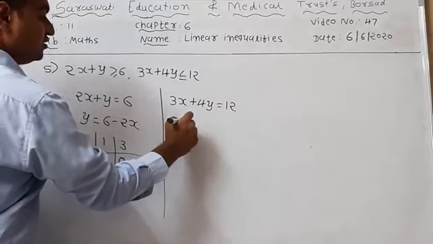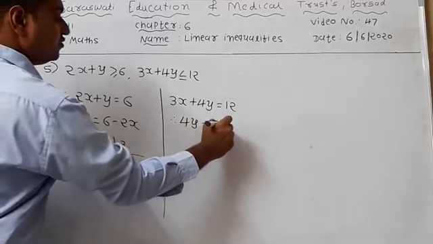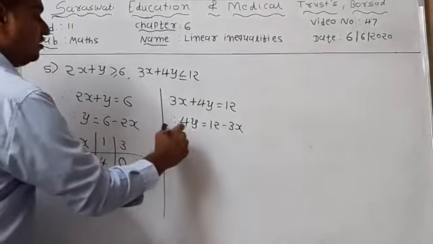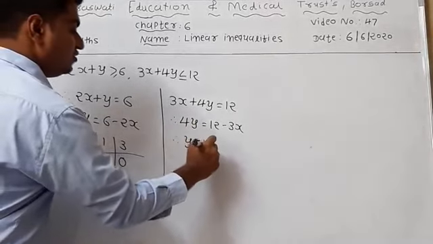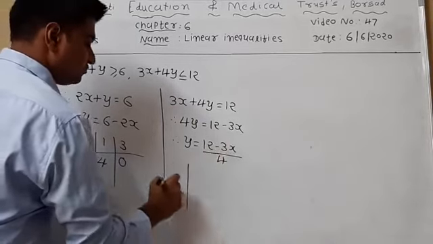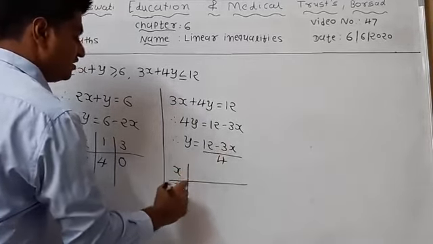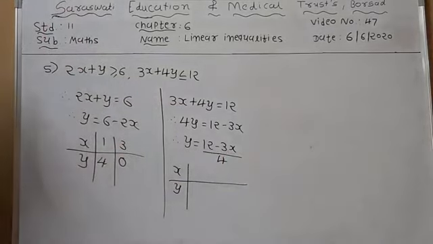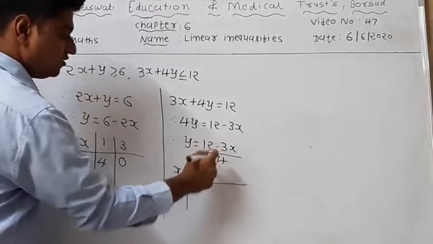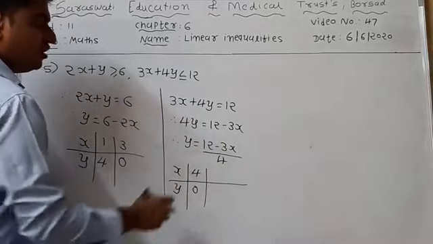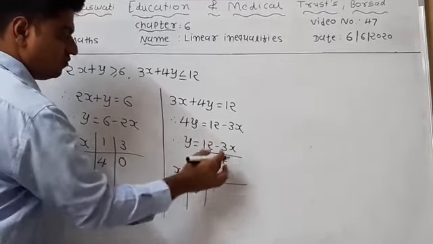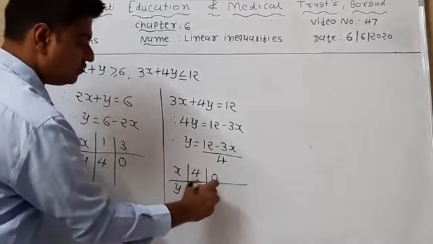Writing 3x on the opposite side, 4y is equal to 12 minus 3x. 4 goes to the denominator, so y is equal to (12 minus 3x) divided by 4. For x equal to 4, 4 times 3 is 12, 12 minus 12 means 0. For x equal to 0, 12 minus 0 is 12, 12 divided by 4 means 3.